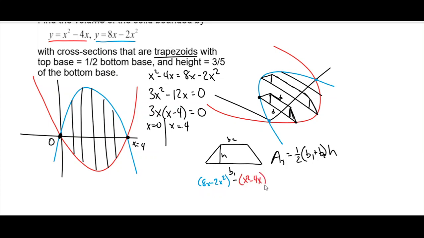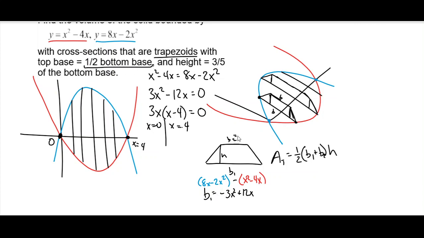Let's simplify this so we don't have to write this over and over again. Negative 2x squared minus x squared gives me negative 3x squared. And 8x minus a negative 4x gives me a positive 12x. So base 1 is equal to negative 3x squared plus 12x. And that means base 2 is related to that in the fact that it is 1/2 of that.